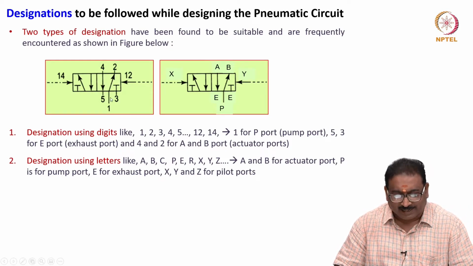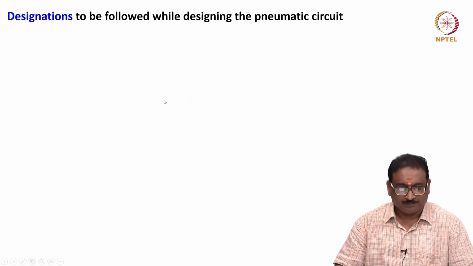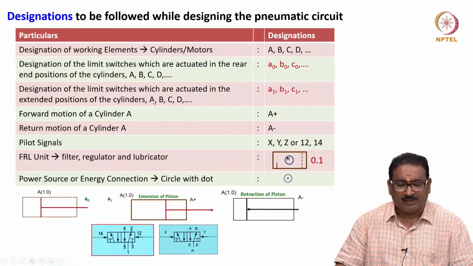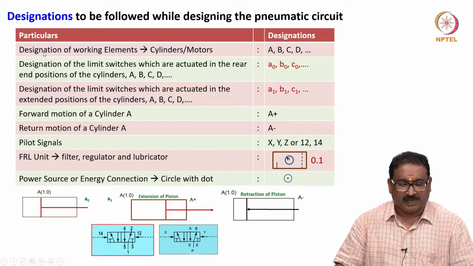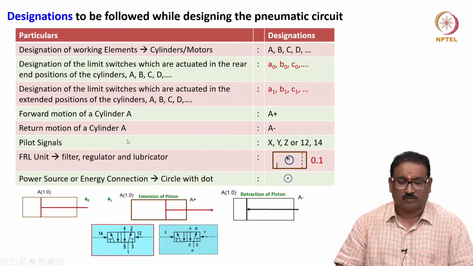You can represent like this or like this. Both are allowed. We will continue with some of the designations. Here I am showing you many things, friends: the cylinders, extended position, retracted position and some valves.